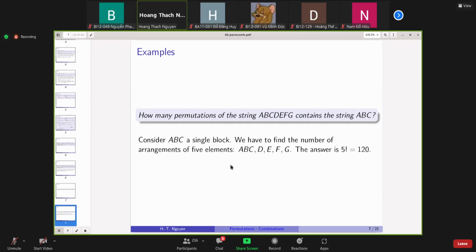And in fact, we have to count the number of permutations of these 5 elements: 5 blocks, ABC, single D, single E, single F, and single G. And of course, since there are 5 elements, there are 120 possibilities. So thank you. Yes, very good.